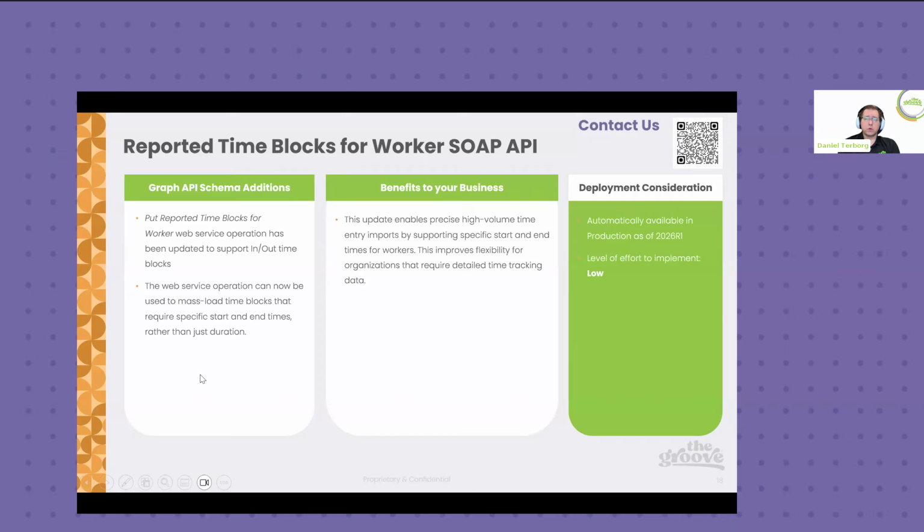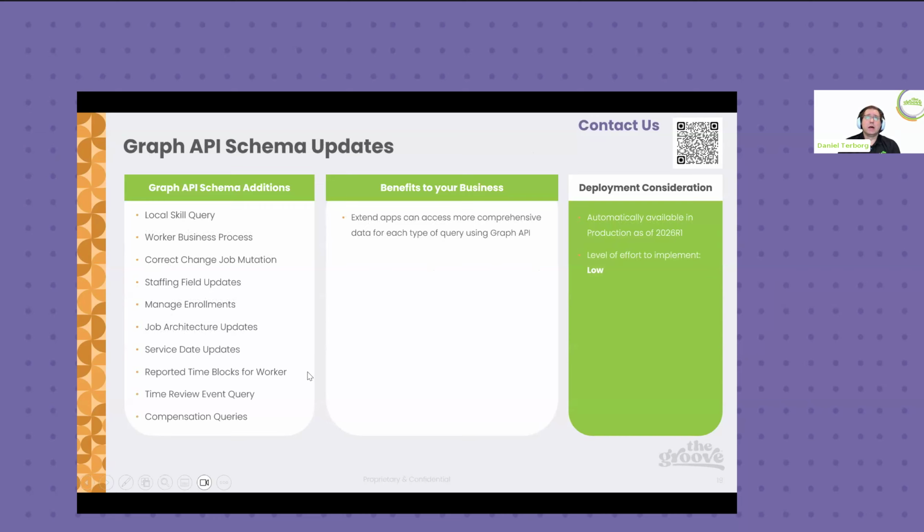And then last but not least, where would we be without some Graph API schema updates? I'm not going to go into all the details because there's a laundry list of updates here for the different Graph API schema additions, but we do have ones like local skills, worker business processes have been updated, change jobs, staffing field updates, managing enrollments, job architecture, service dates, reported time blocks for worker, and time entry and compensation queries.